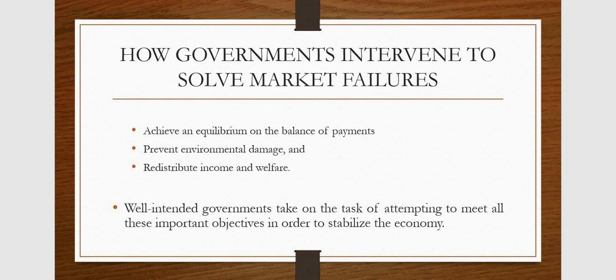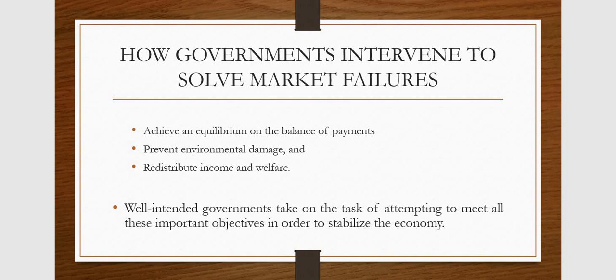So for example, the government might take a percentage of a rich person's income and use it to fund programs that help low income families afford food or housing. Do you get it? And so you see the government can introduce progressive tax here, that is, charging more on high income earners and charging less on low income earners. So that is what we mean by redistribution of income and welfare.